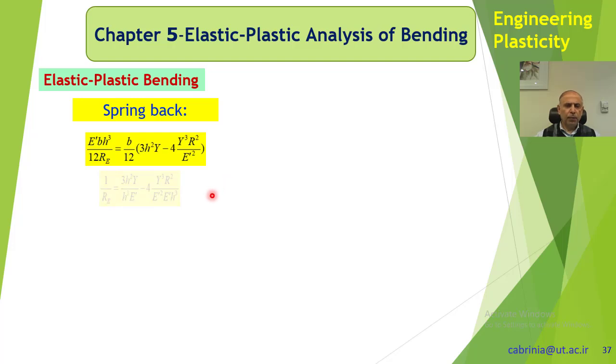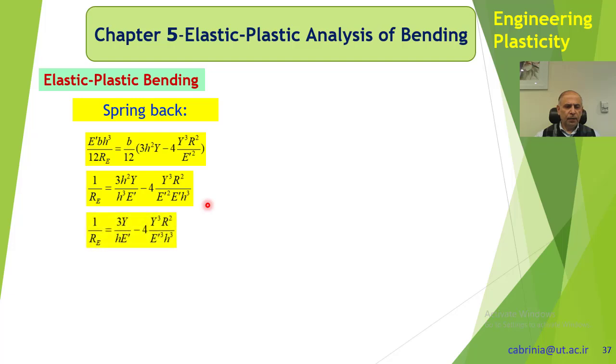And going again through the same procedure as before, 1 over RE is equal to this, and doing more manipulations here, and we know that R over RF equals 1 minus R over RE, because the geometry doesn't change, whether we assume plane strain or plane stress.